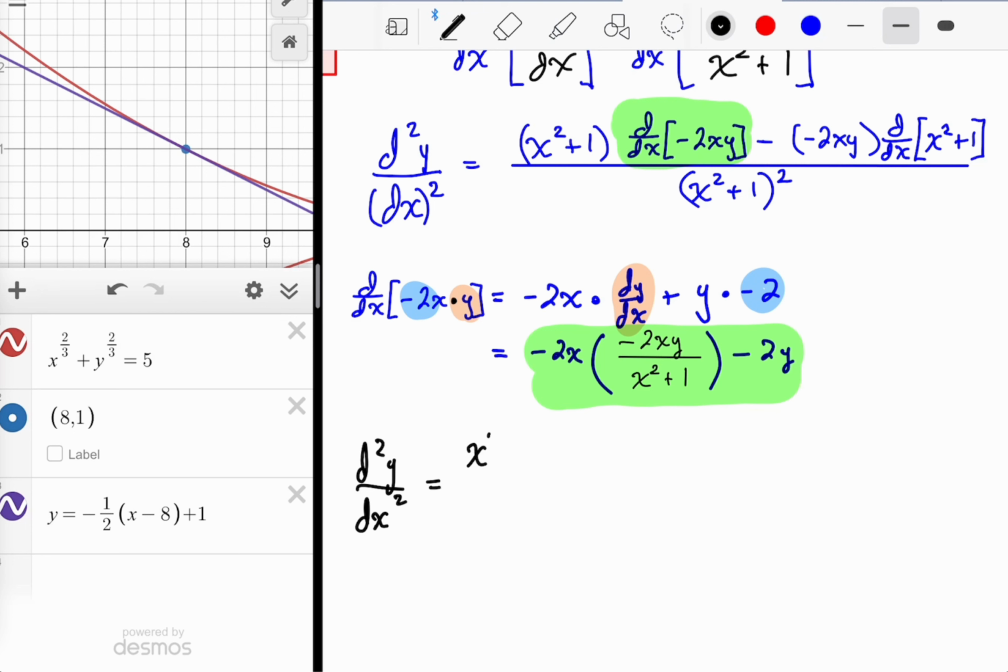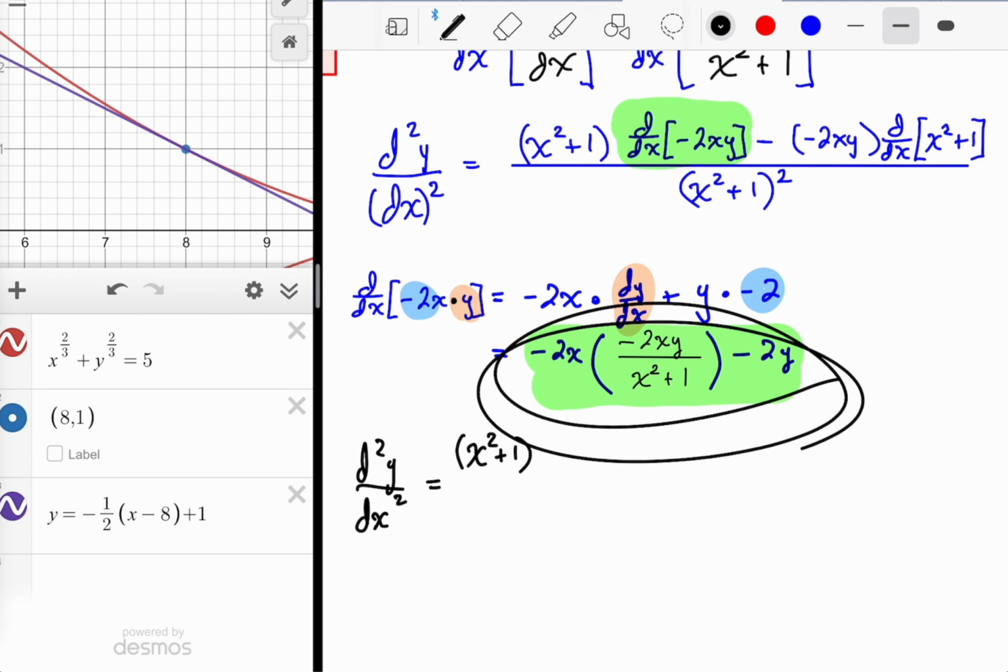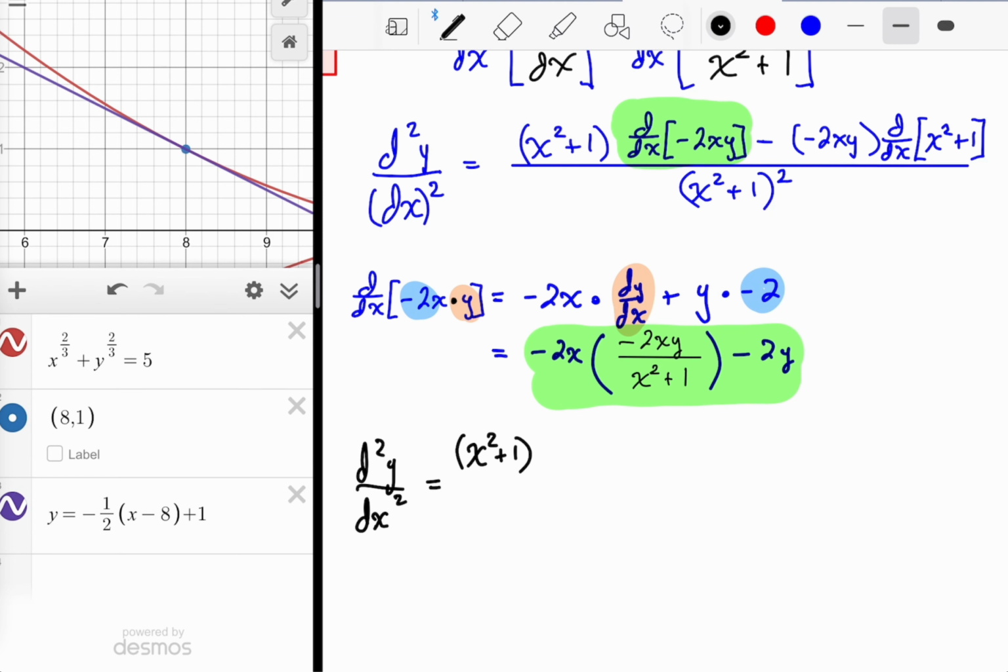So x squared plus 1 times all of this. I'm just going to multiply these two things, because I want to write less. So 4x squared y over x squared plus 1, minus 2y.